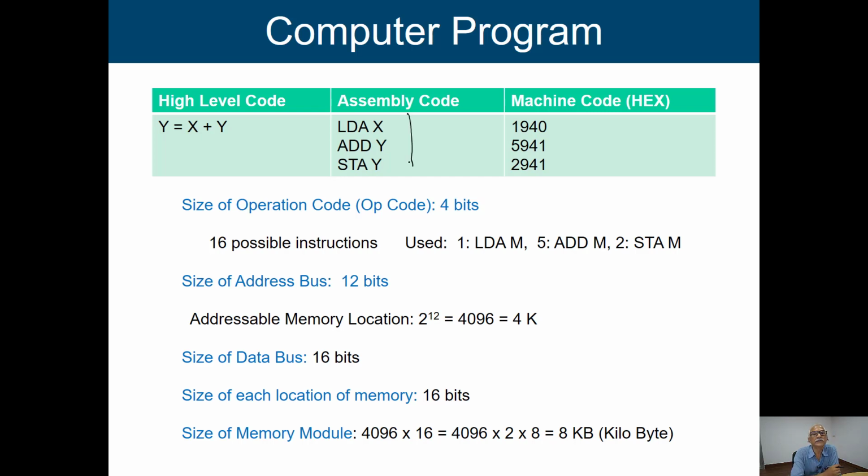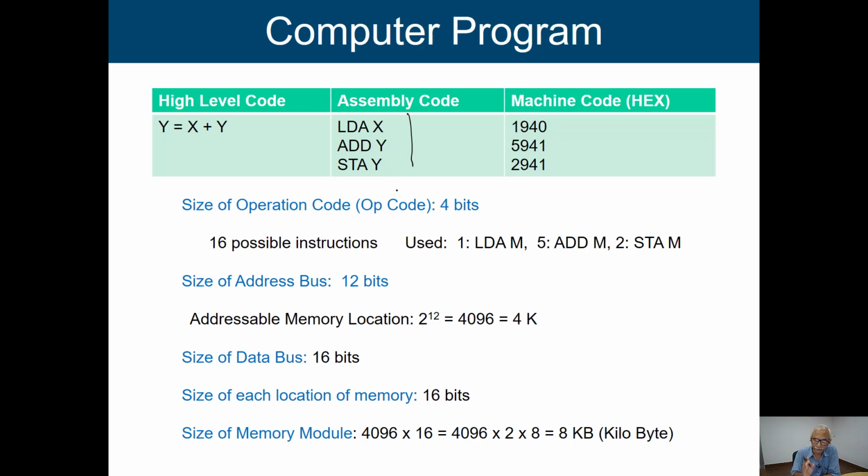First we are going to load the accumulator with the value of x, where in this instruction we give the address of a memory location. Then we are going to add it and the result will be stored in the accumulator, and finally we are going to store the information in the memory location specified by y. And this is the assembly code.